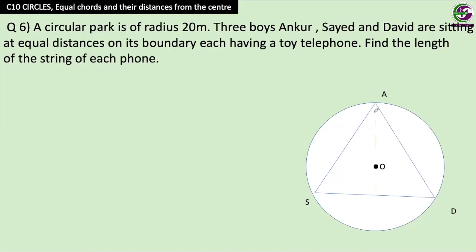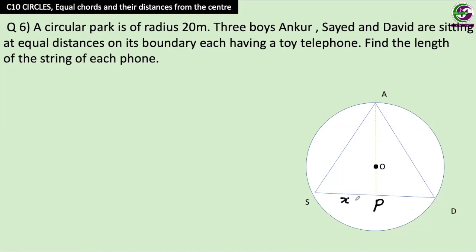For that, we have to do a construction. Join A to P to consider the triangle APS. And by the property of equilateral triangle, a line joining a vertex to the opposite side passing through the center of the circle will be perpendicular and it will be bisected.